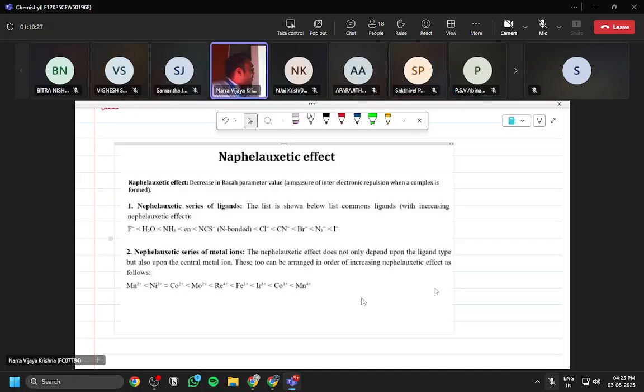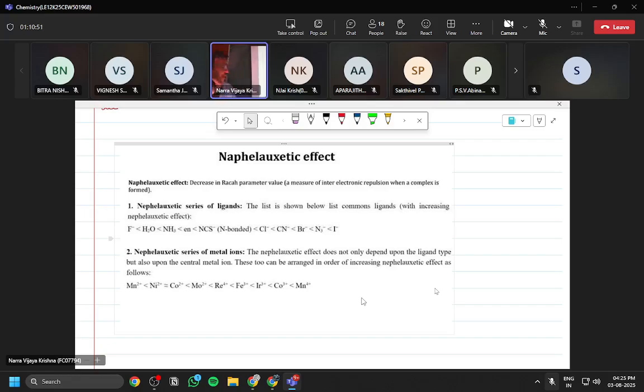Common ligands with increasing nephelauxetic effect. So what happens? When iodine is approaching, what will it do? When it forms a complex, repulsive forces between iodine ions decrease. If it is not able to form a stable complex, repulsive forces will be high.